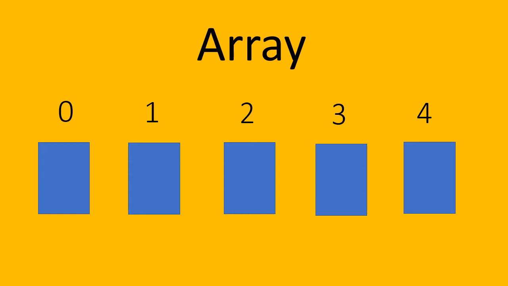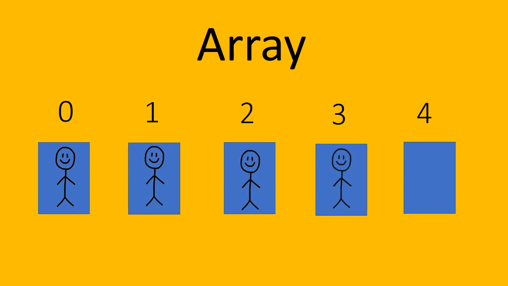The next thing you need to know about an array is that the items are not connected together in any way. And so when you think about an array, think about a seating chart. If at the beginning of the quarter I had made a seating chart for all of you, and you each had a chair to sit in, somebody would sit in the 0 chair, somebody would sit in the 1 chair, somebody would sit in the 2 chair, and so on and so forth, then that is your seat for the quarter.